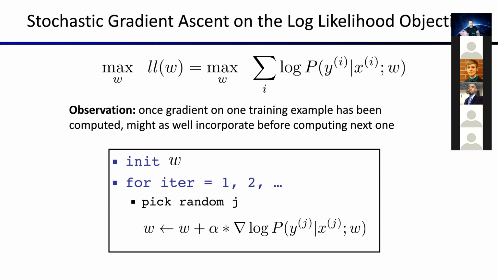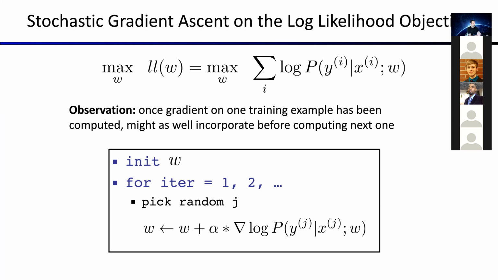And then next time, when you want to update your weights, you pick another set of random examples and you do the same procedure again and again. So this is called stochastic gradient ascent or stochastic gradient descent.